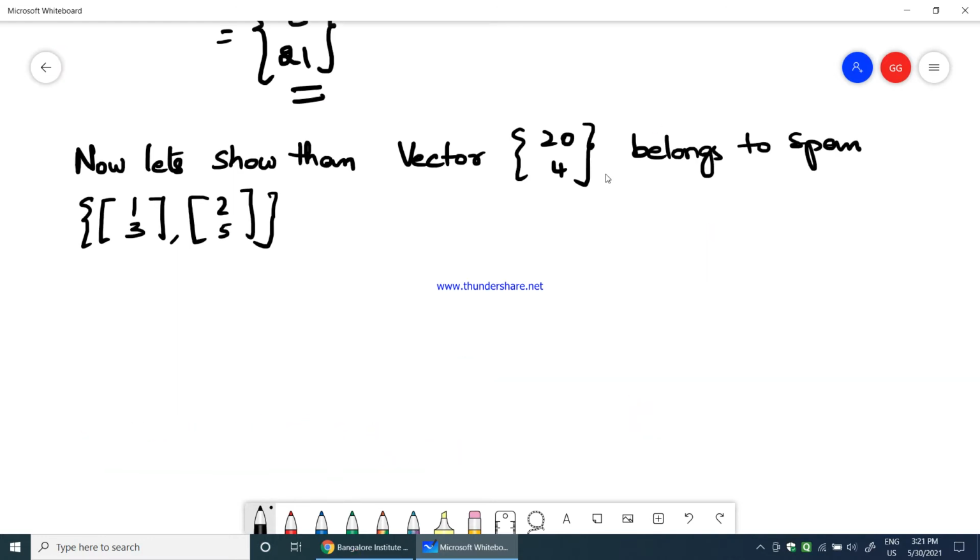Now let us show whether the vector (20, 4) belongs to the span of (1, 3) and (2, 5).